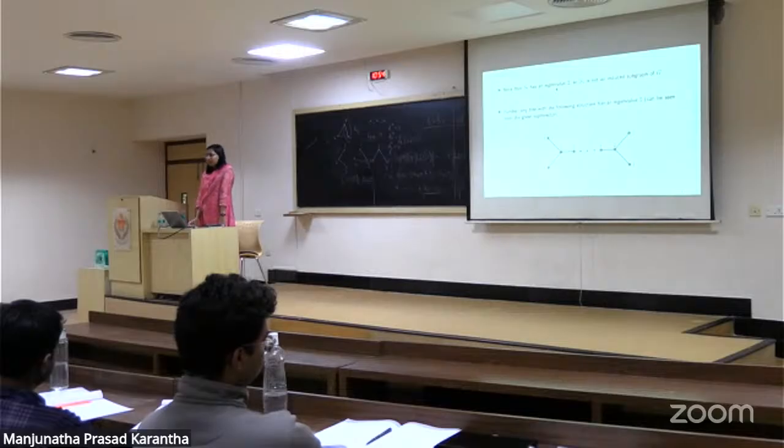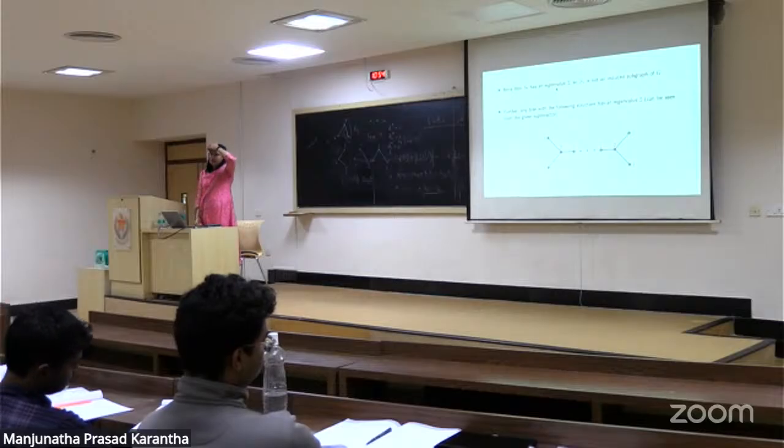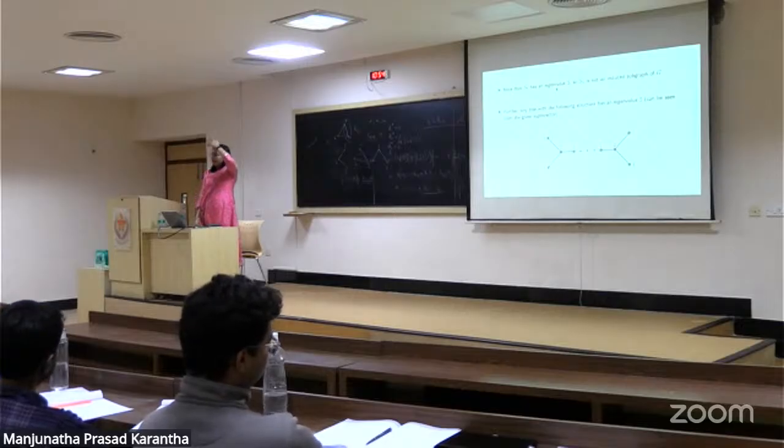In that case, you can see that if such a graph or such a tree is there, I put the corresponding vector actually. If you take the vector 1, 1 and 2, 2 everywhere in the middle, and then 1, 1, this vector will be an eigenvector for eigenvalue 2. So 2 is an eigenvalue for this.